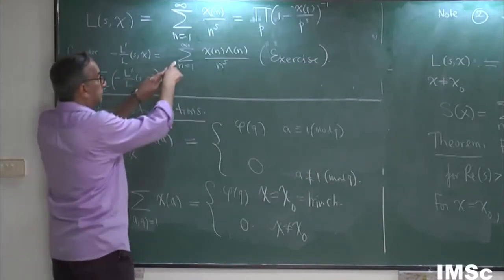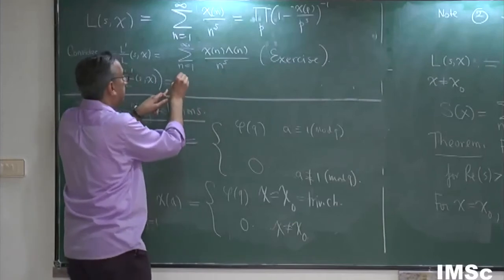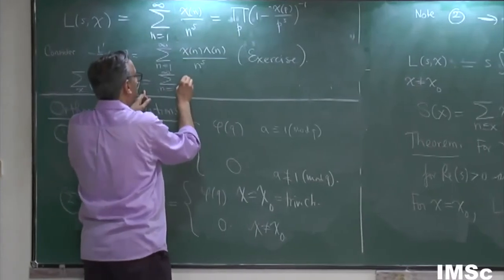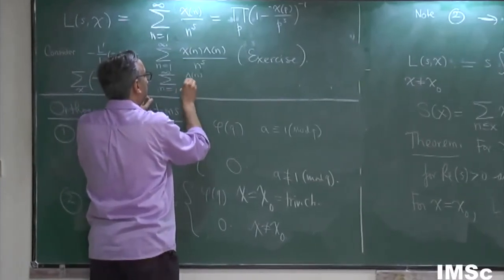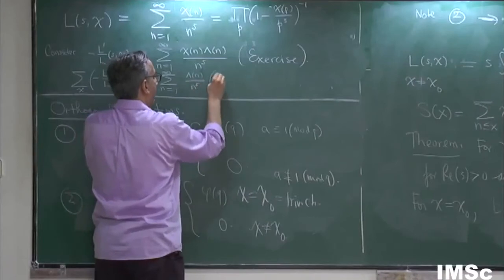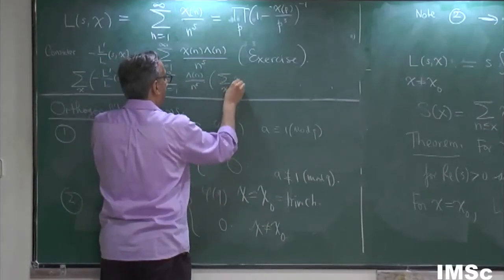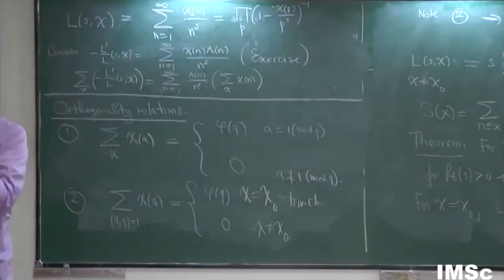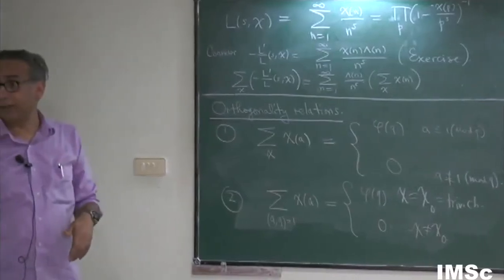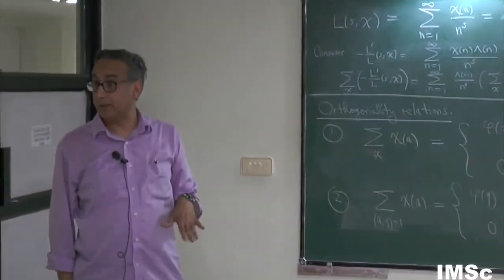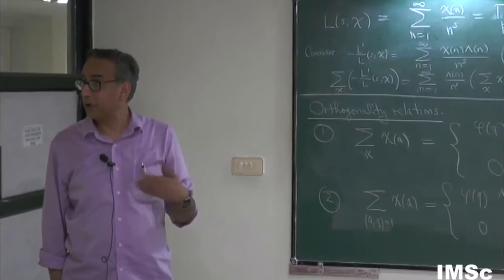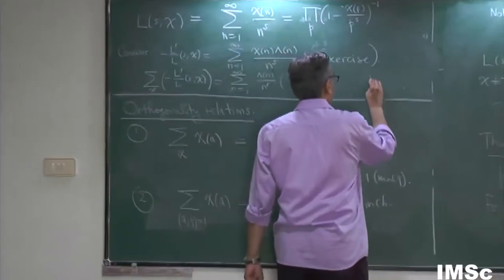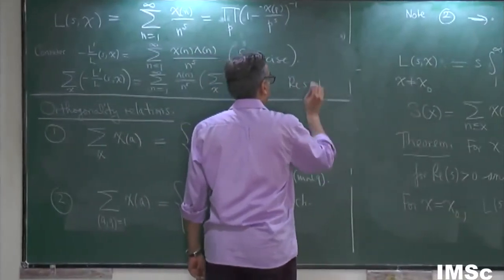Take the sum, put the sum out here, now interchange summation in the region of absolute convergence, I get this, correct? And keeping in mind that real part of s is bigger than 1, so that everything is absolutely convergent and I'm justified in this interchange of summations.